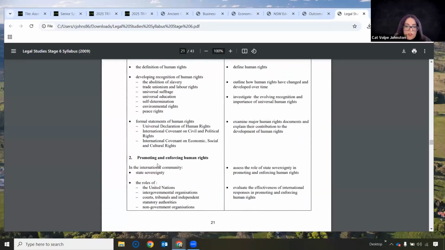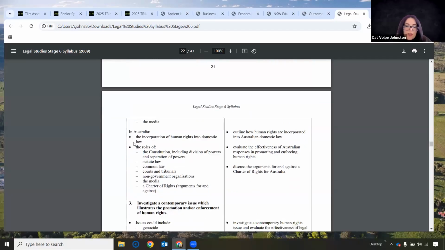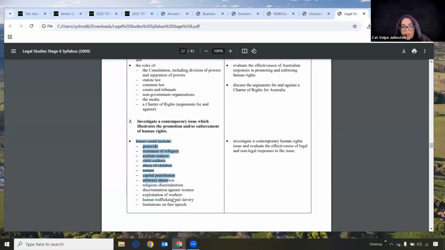So this would be a good one too, because you can do something on Australian human rights and then sort of that global perspective. And let's look at, there's some examples here. Abuse of children, torture, capital punishment, looking at contemporary issues, so one of these contemporary issues, maybe globally, you could do that.